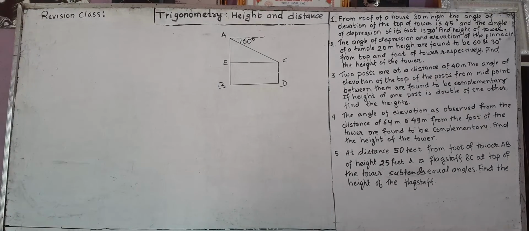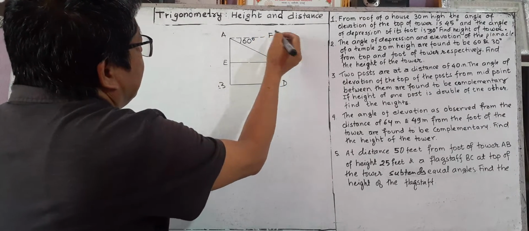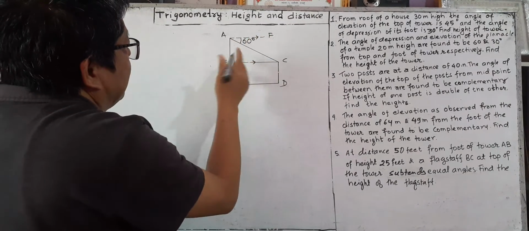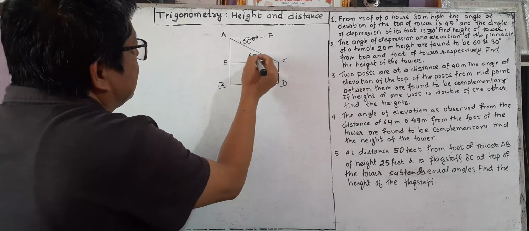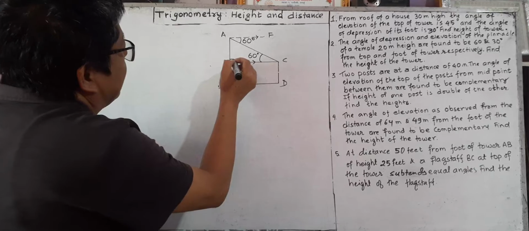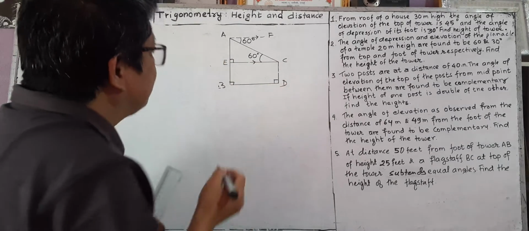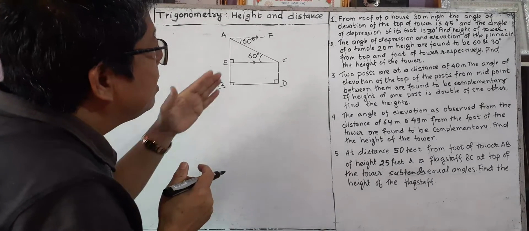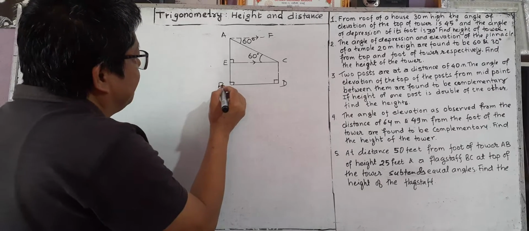You know that FAC is 60 degrees, and since this horizontal and this horizontal are parallel, this angle is also 60 degrees. And this is 90 degrees, this is also 90 degrees. And next, the angle of elevation from the foot, that is B, the foot of the tower.